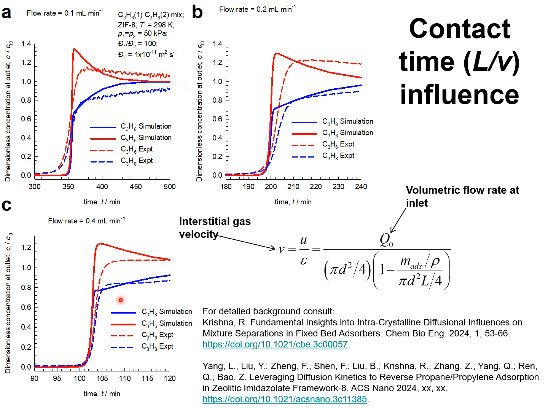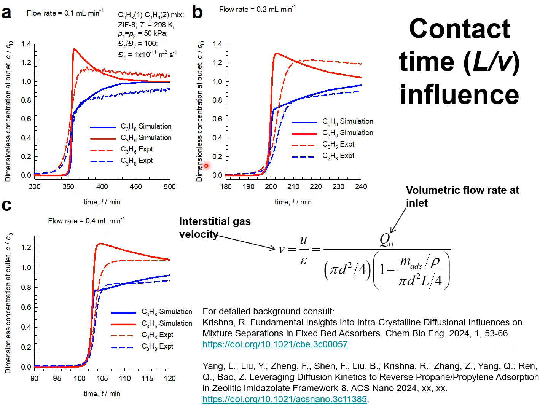The dashed lines are the experimental data, and the continuous lines are the breakthrough simulations using the Maxwell-Stefan diffusion formulation, including thermodynamic coupling. The Maxwell-Stefan diffusion formulation and the modeling of the breakthroughs in fixed beds is described in my paper 2024.